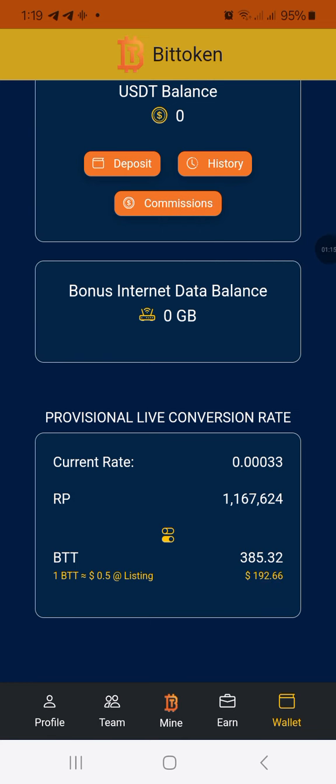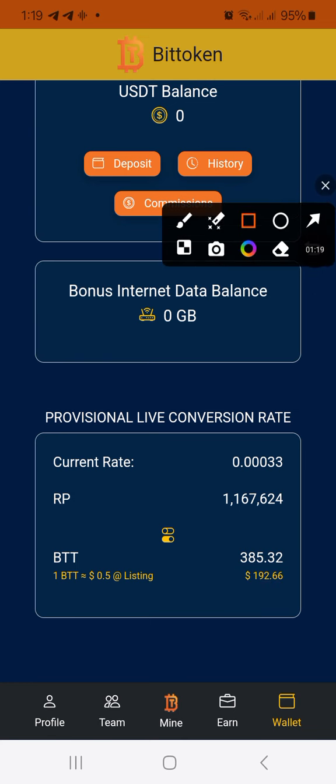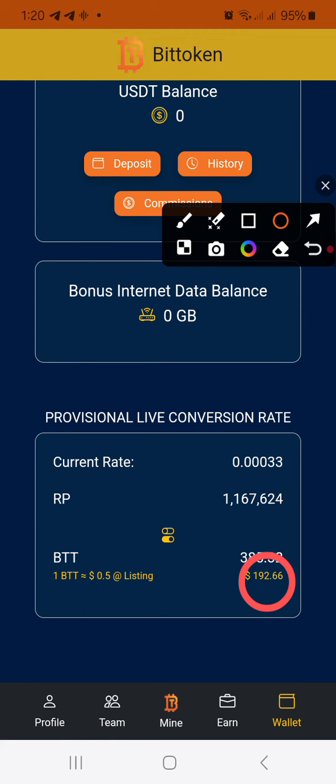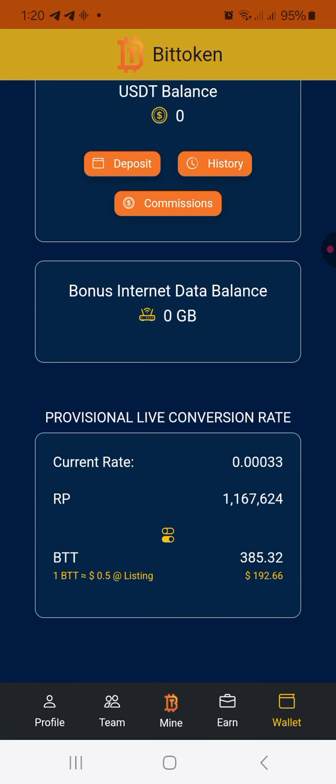I want to circle this dollar figure here. That's the only part that most persons are interested in. However, there's more to the entire amount that you see here than just the US dollar figure.